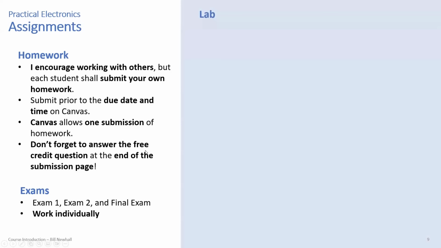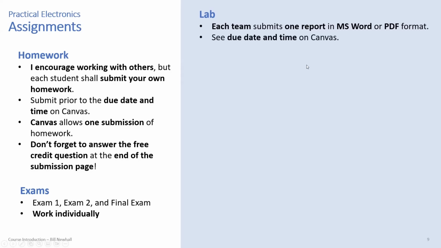Okay. So in lab, you're going to have a lab partner, so teams of 2, and each lab team should submit 1 report in Microsoft Word or PDF format. Again, see the due date and time on Canvas. You're not going to write up your own report from scratch.